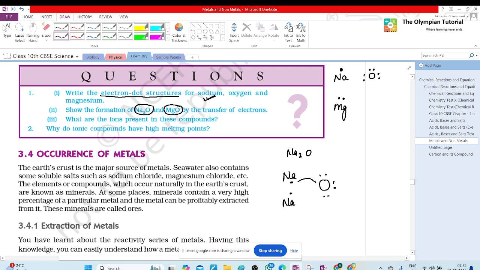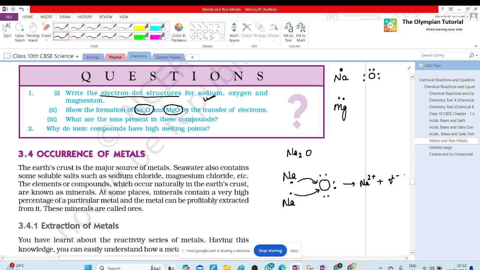So 1 electron from here and 1 electron from here. So Na will become Na plus and O will become O 2 minus.